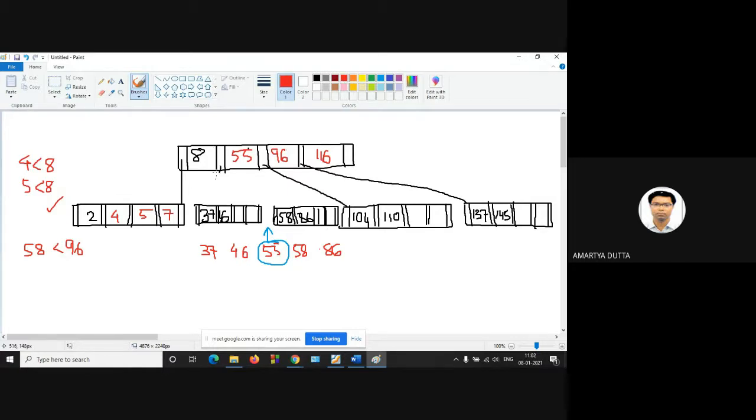So you have to make a connection. So this is the connection. This means this particular node is greater than 8 but less than 55. Okay. And delete this one.